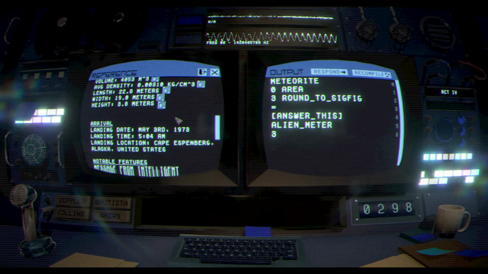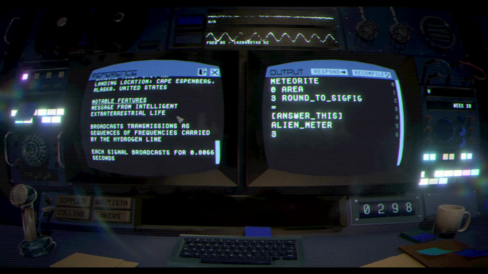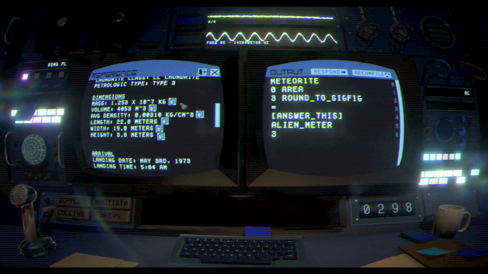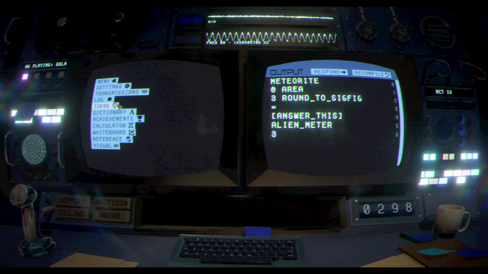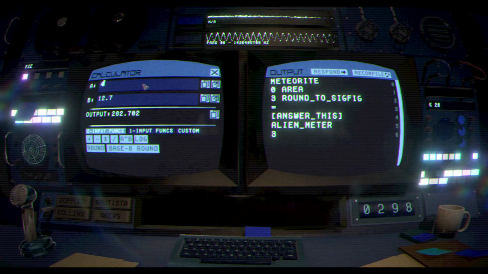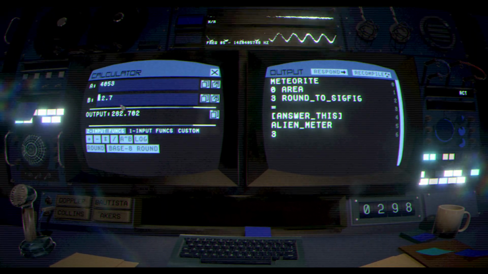So we are looking at a volume of 4,053 meters cubed. So 4,053.